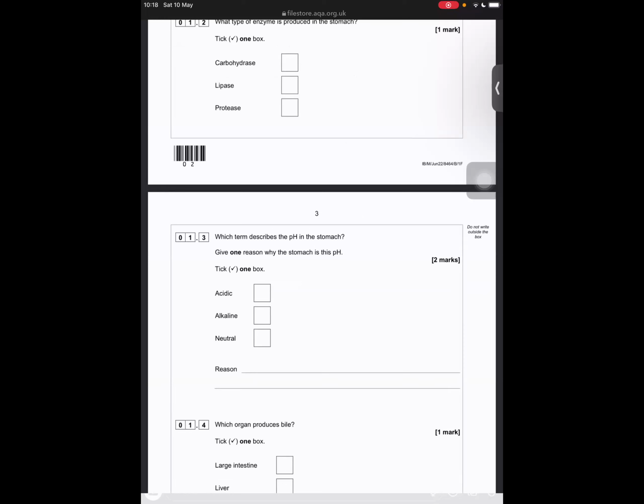It says which term describes the pH in the stomach. Give one reason why the stomach is this pH.